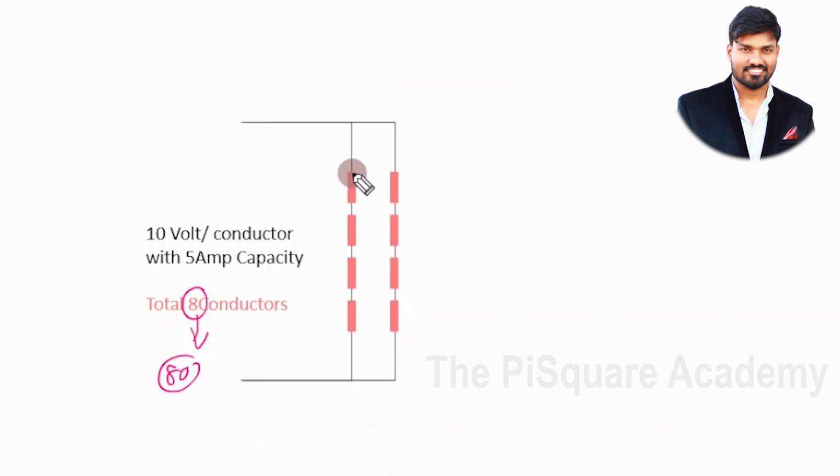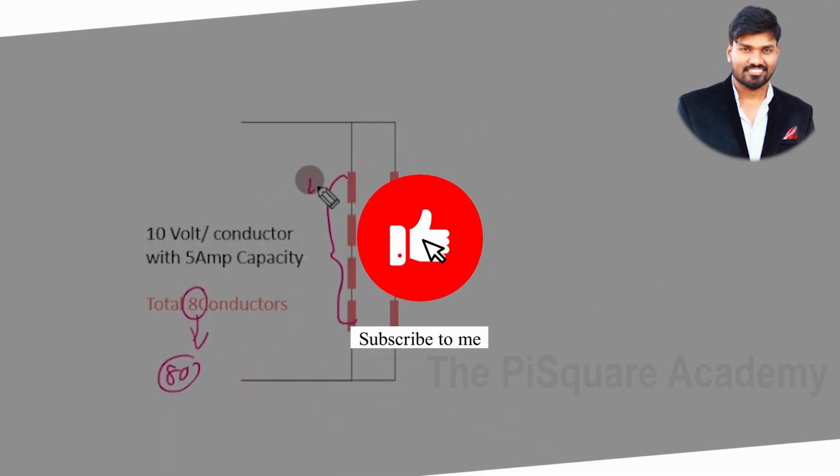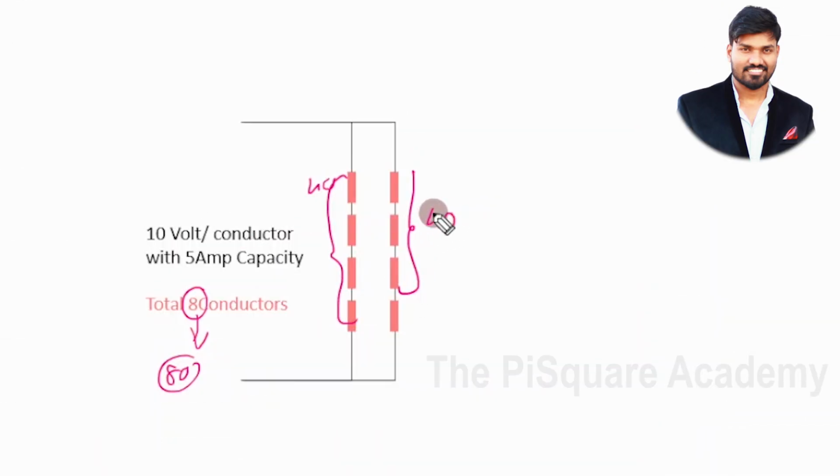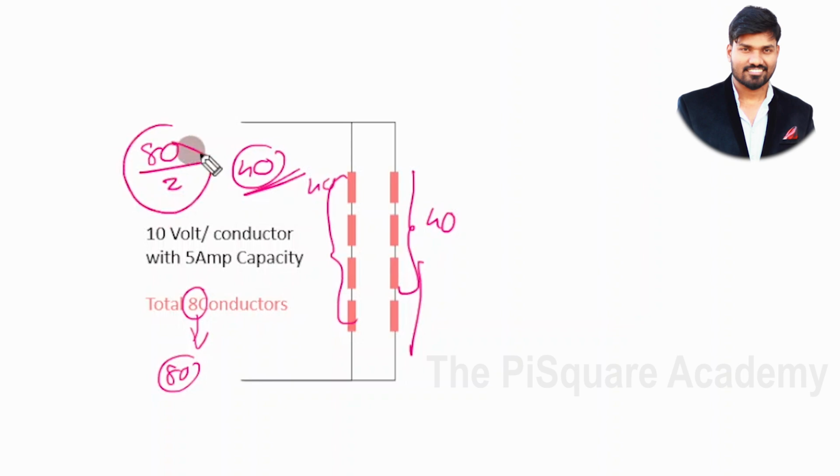I'm making 4 conductors in series, another 4 conductors in series, but this set is in parallel. So this is how many volts? 40 volts total. In parallel, 40 volts only. So how many parallel paths? 2 parallel paths. Earlier it was 80, with 2 parallel paths, 80 by 2 is 40.